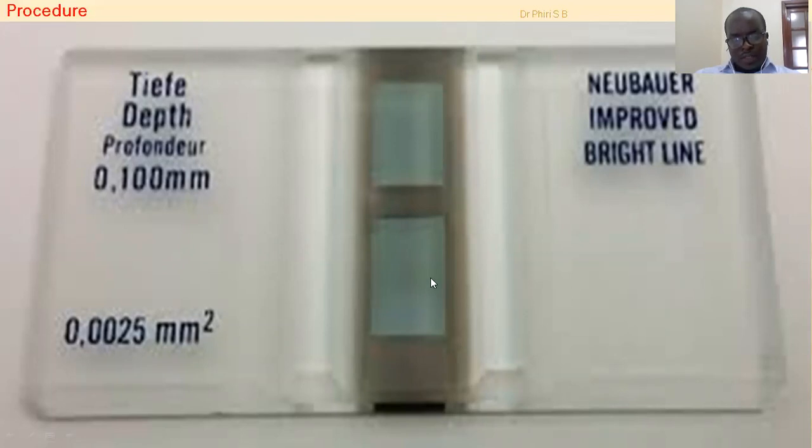You can have this portion and this portion, and get the average of the two results. But like I said, you don't have much time, so you find that you just count one, because it's cumbersome and it takes time to count each and every red blood cell. So sometimes you just do one, but the ideal is that you count two and then get the average of the two numbers. Then you do your calculations.